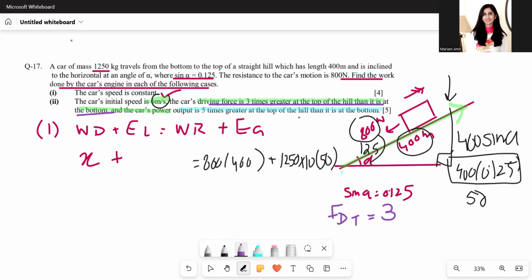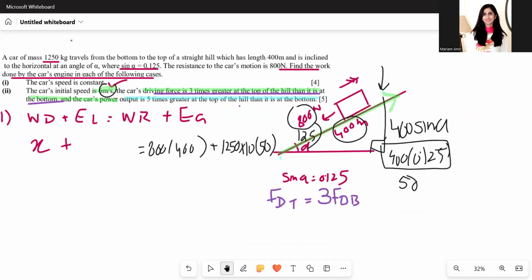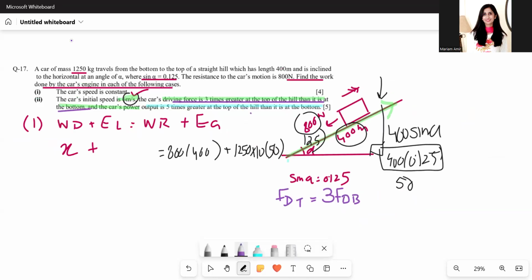Also, the power output is five times greater at the top than at the bottom.